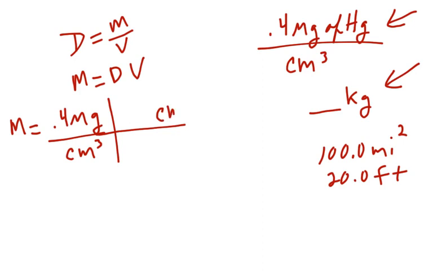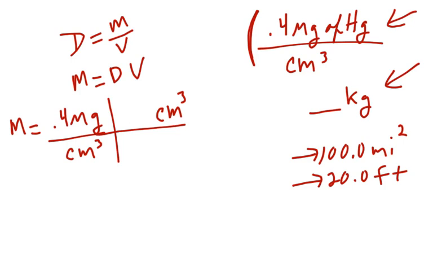Well, I'd want it to be in centimeters cubed. How come? Because I want to cancel out with this one down here and have a mass only in micrograms, but I could convert that to kilograms. So if I take this density right here times a volume, I want the volume to be in cubic centimeters. Well, that's going to be a problem. So I need to do a lot of work on that. And I have to do some work even before, because I can't multiply the area and this depth together because they're not even in the same units.